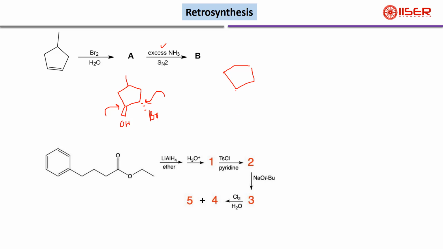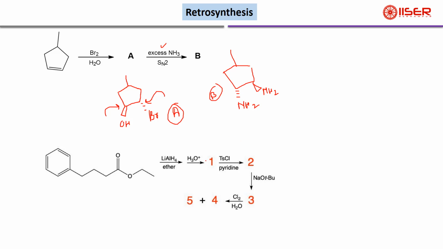So there will be an addition of two amino groups. One amino will be below the plane, another will be above the plane. So this is our A and this is B.